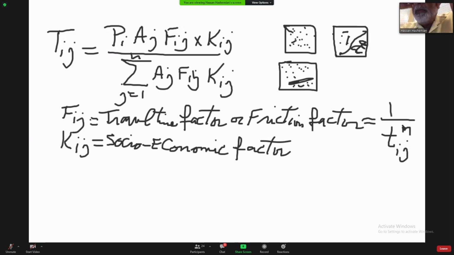There's an example problem in your textbook that uses this formula.